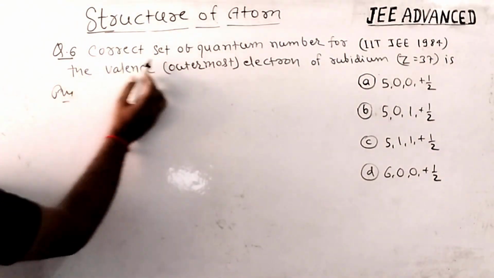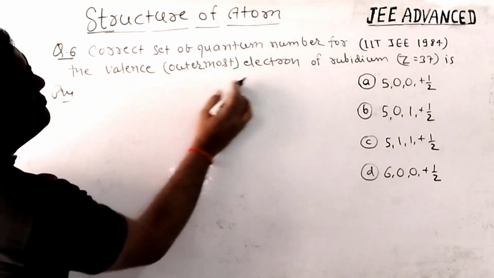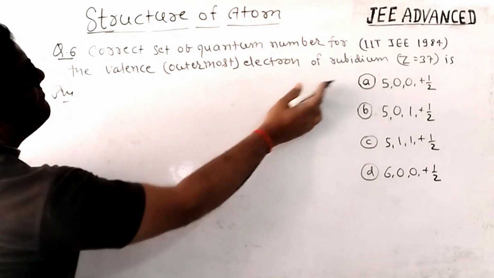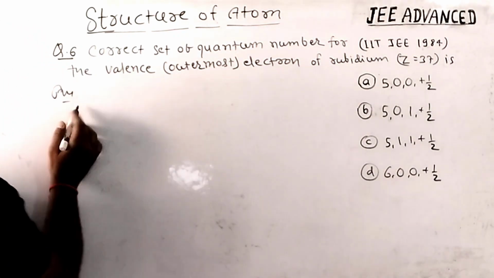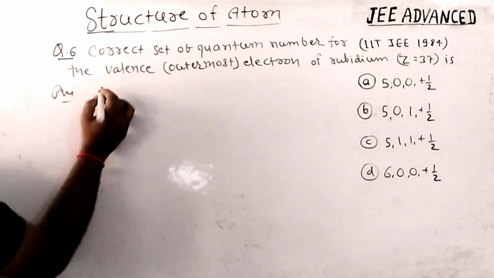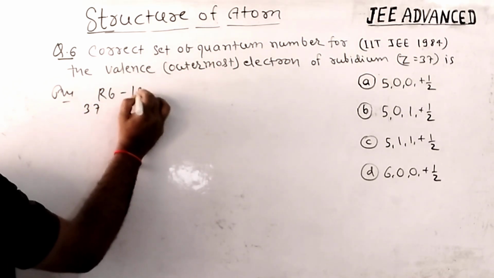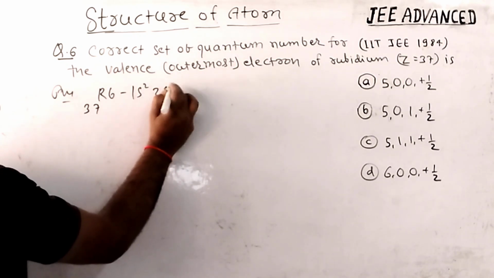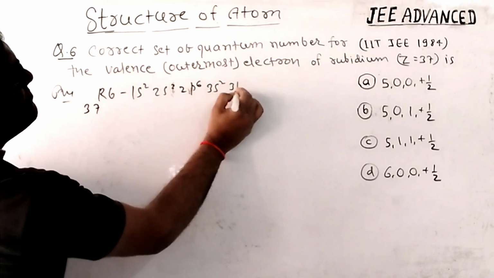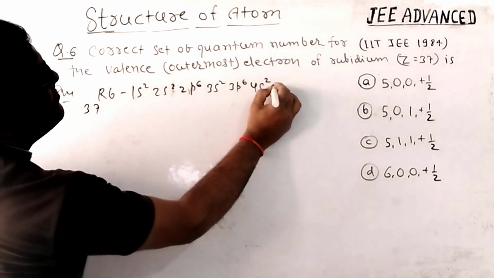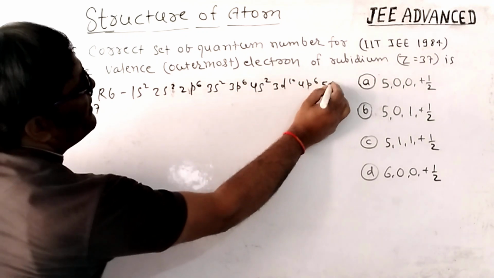According to question number 6, the correct set of quantum numbers for the valence or outermost electron of rubidium, where atomic number Z is equal to 37. These options are given. Now, rubidium's atomic number is 37, and its electronic configuration is 1s2, 2s2, 2p6, 3s2, 3p6, 4s2, 3d10, 4p6 and 5s1.